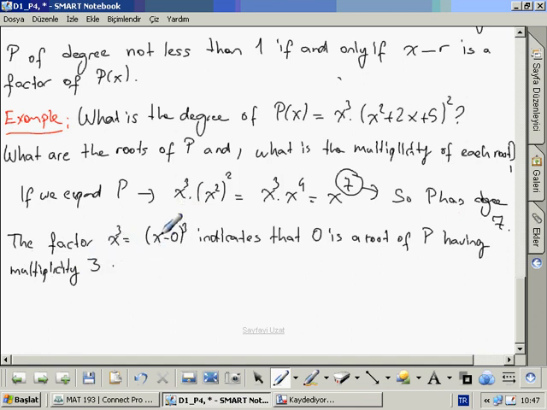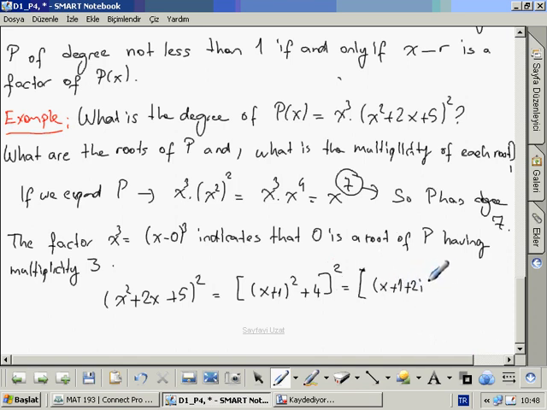And the other part, (x squared plus 2x plus 5) squared, equals ((x plus 1) squared plus 4) squared, and it equals (x plus 1 plus 2i), which is a complex number, and (x plus 1 minus 2i), and the squares.